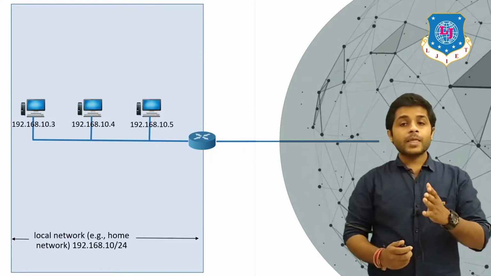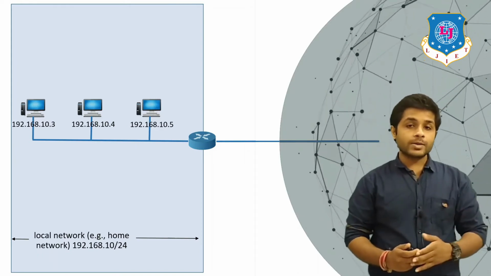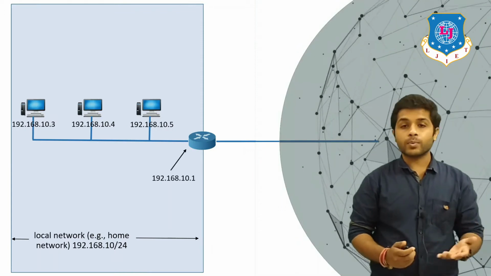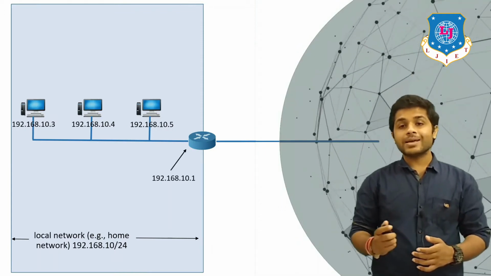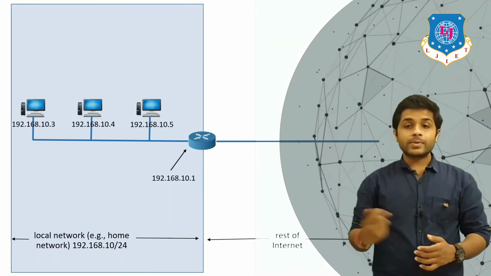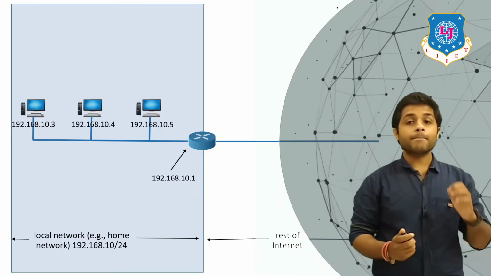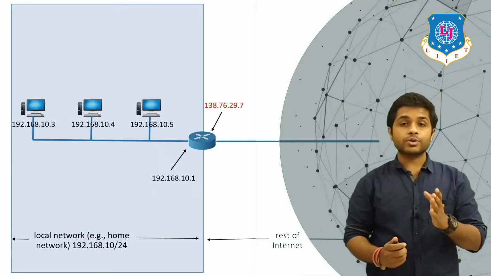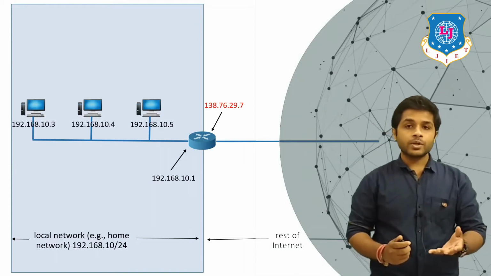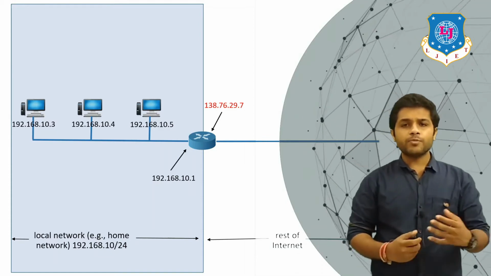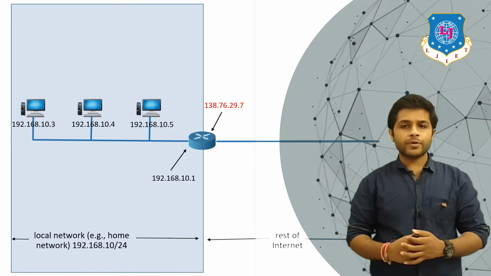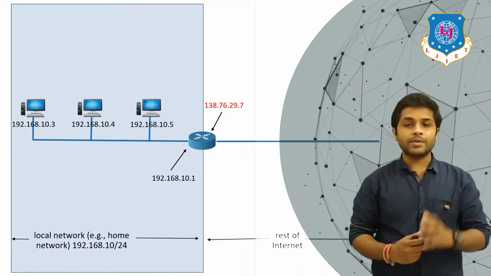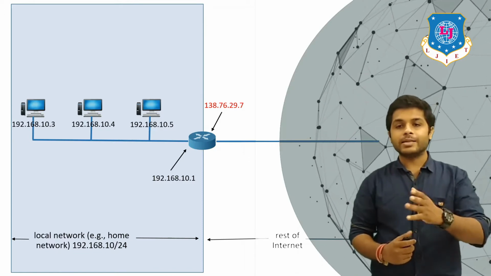The interface on the local area network side has the IP address 192.168.10.1, and the interface on the wide area network side has the public IP address 138.76.29.7. Let's assume that we have purchased a plan from the internet service provider, with one unique public IP address, and we have assigned that IP address to that particular port.